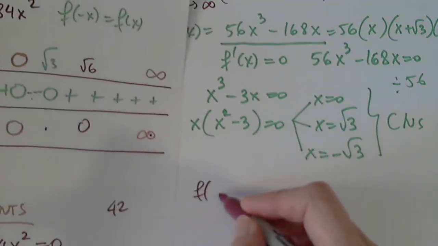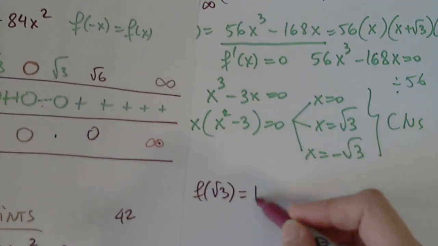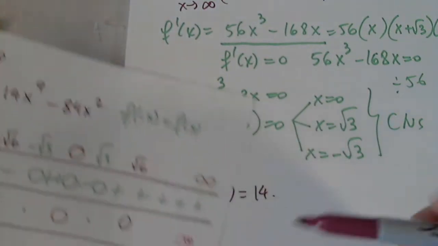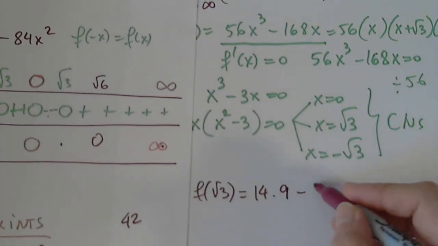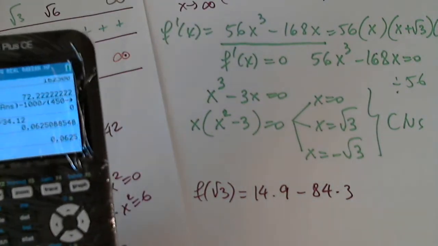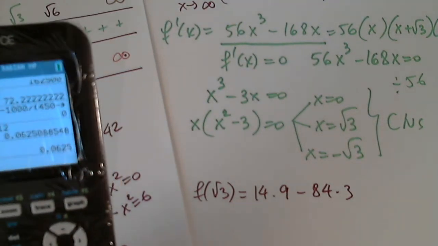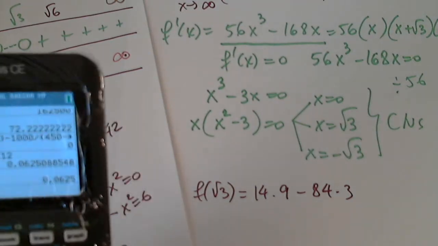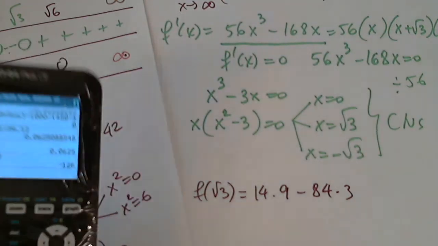So f of the square root of 3 will be 14. The square root of 3 squared is 3. 3 times 3 is 9. Minus 84 times 3. I'm lazy, so I have to put the calculator in motion now. I thought I would avoid it as much as possible, but it's not working now.